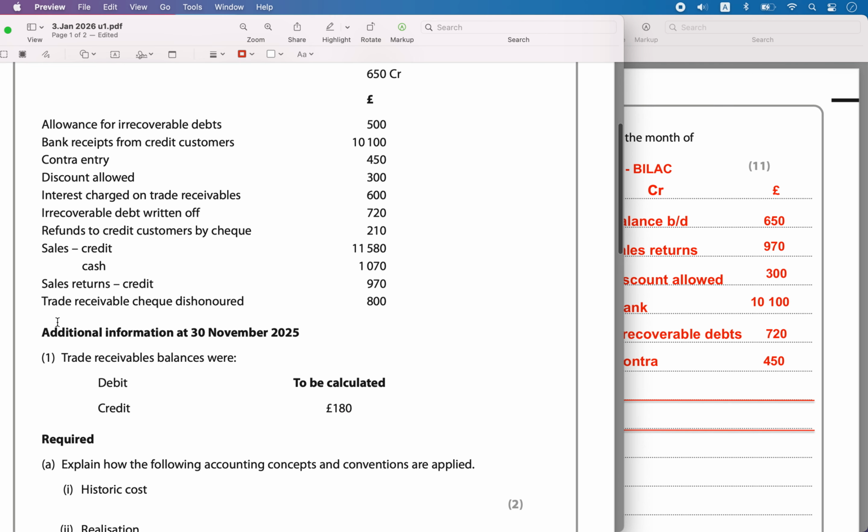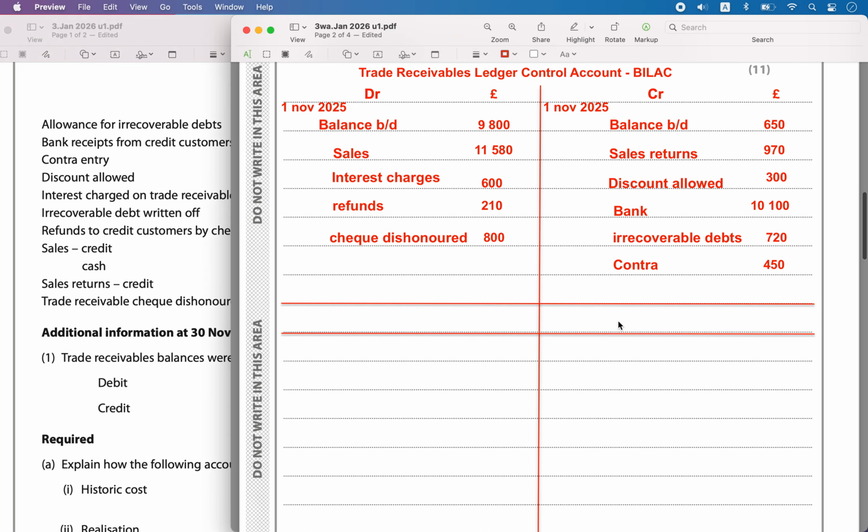Then we have additional information on 30th November 2025. The trade balances were like this. There was a credit balance of 180. So you go here on 30th November, the trade balance on this side, balance brought forward, was 180 pounds.